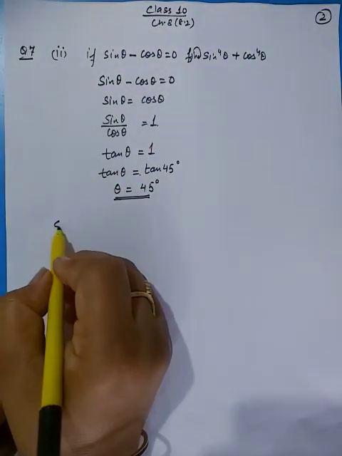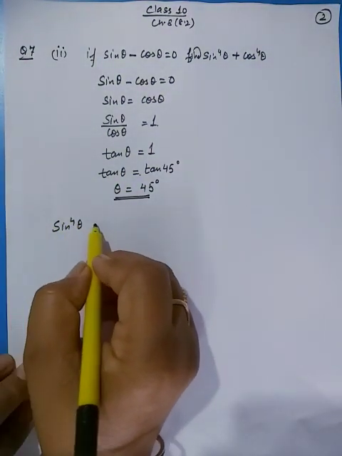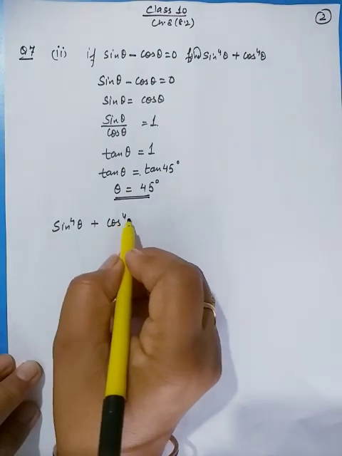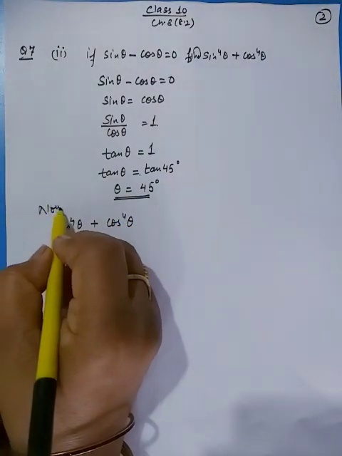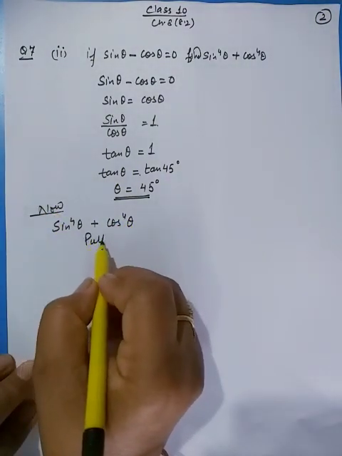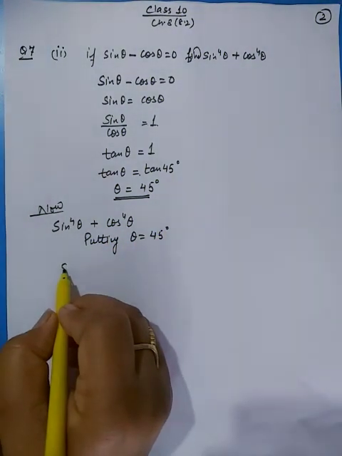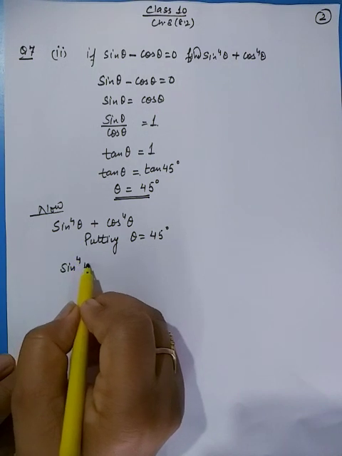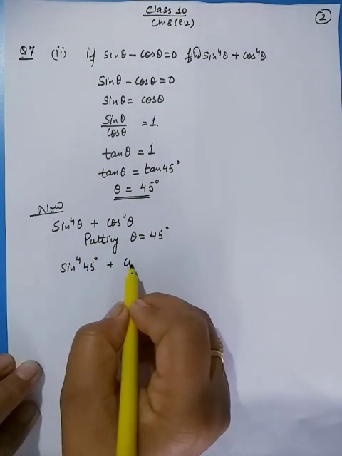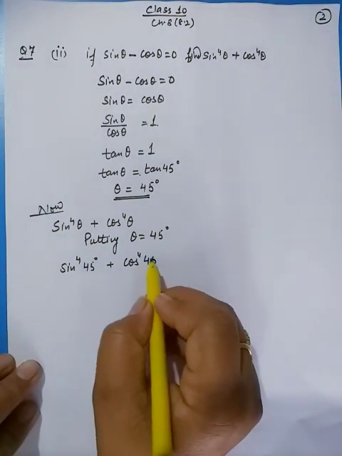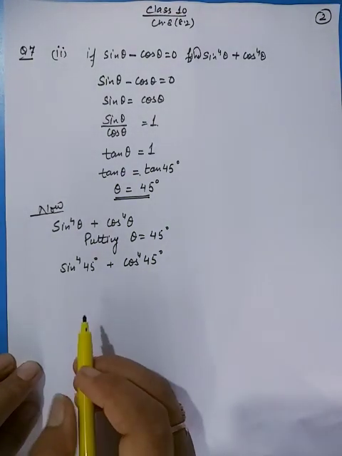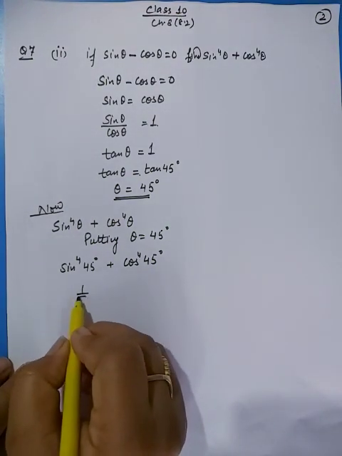Now we have to find the value of sin 4 theta plus cos 4 theta. Here putting theta is equal to 45 degree, this will be sin 4 into 45 degree plus cos 4 into 45 degree, and we know that sin 45 is 1 by root 2.